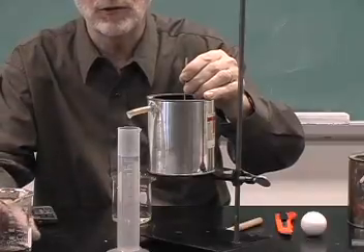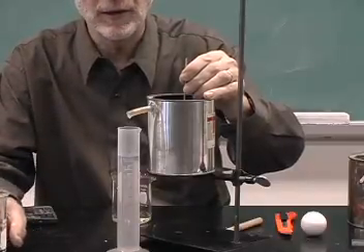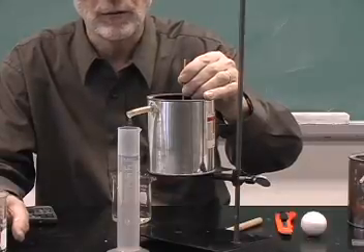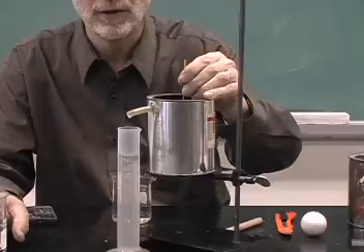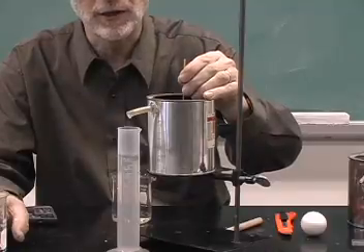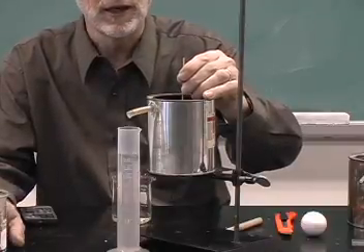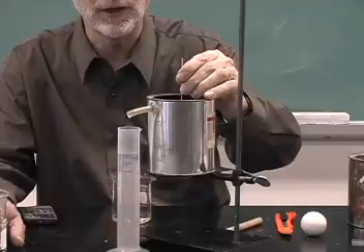And once it stops dripping, we can then record the volume of water from the graduated cylinder, which then gives us the volume. We can again determine the mass using our balance, and from that we can calculate the density.